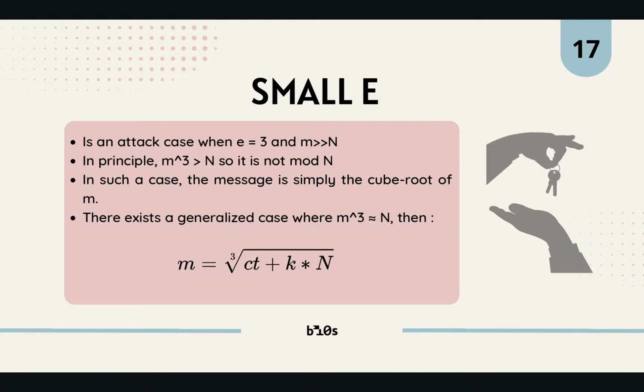If your value of m is just a little higher than the cube root of n, then m cubed would just be the ciphertext plus a few multiples of n, and m is the cube root of the ciphertext with just a few multiples of n added.